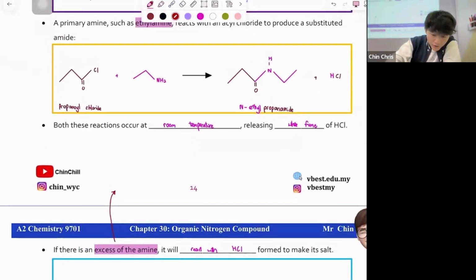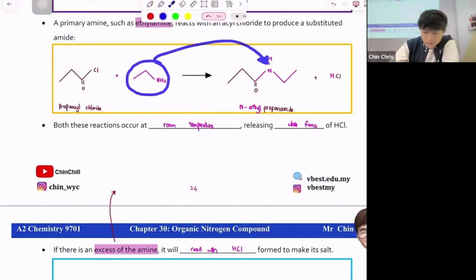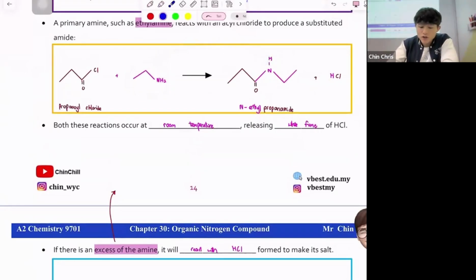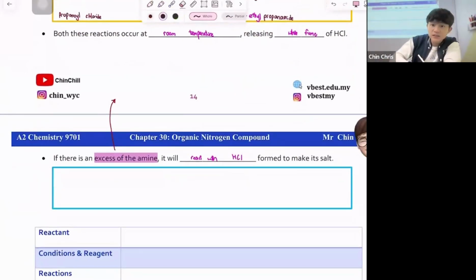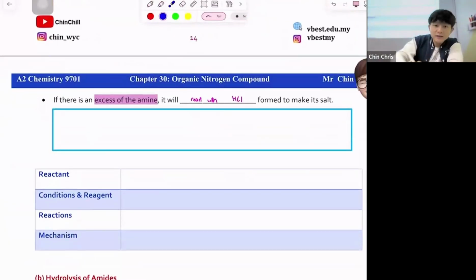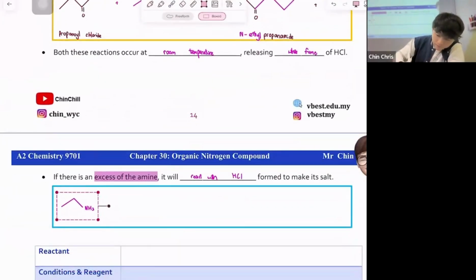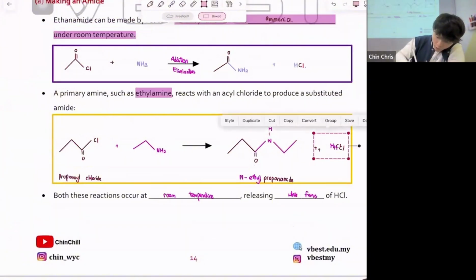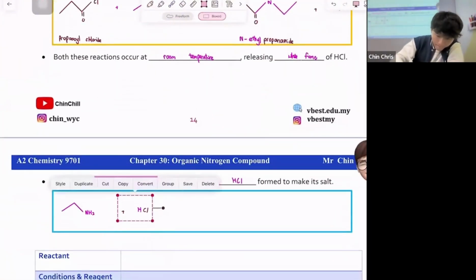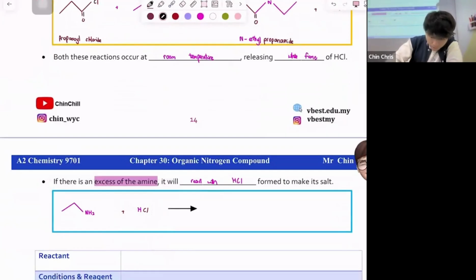So if I have a lot of amine, this amine will react with the HCl formed to form a salt, which is NH3Cl. Done.